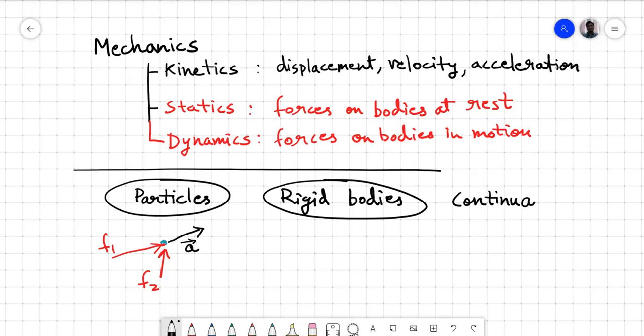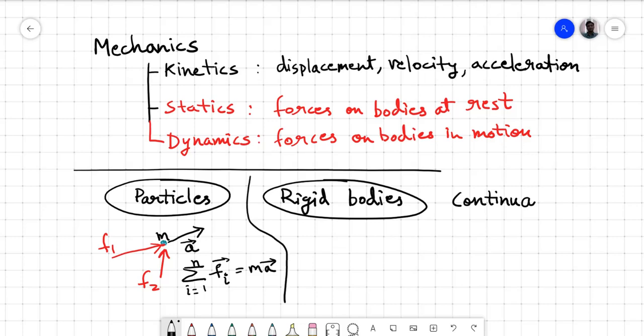Okay, then you say that the summation of all the forces is equal to the mass of the particle times the acceleration, if there are n forces.